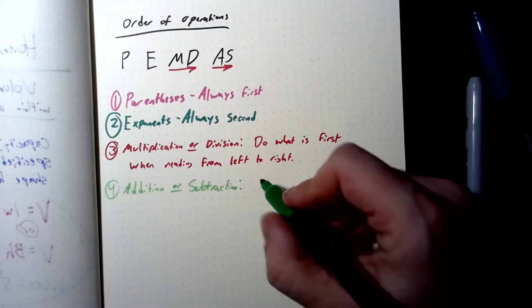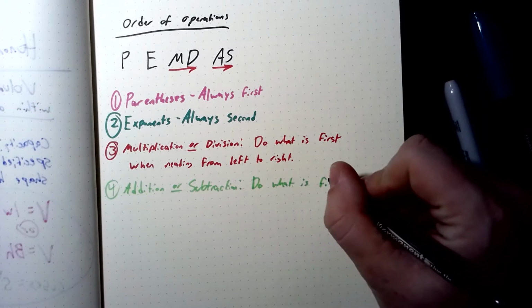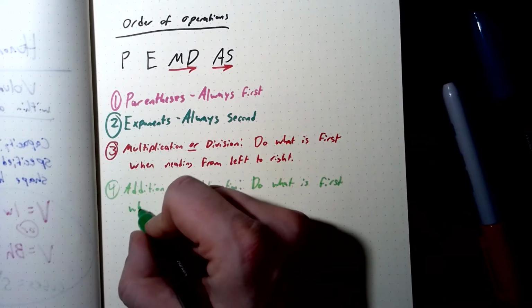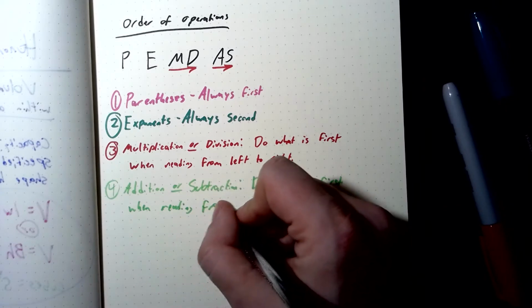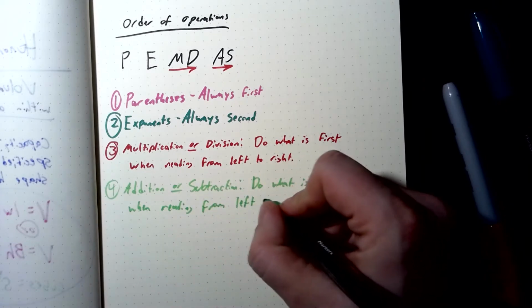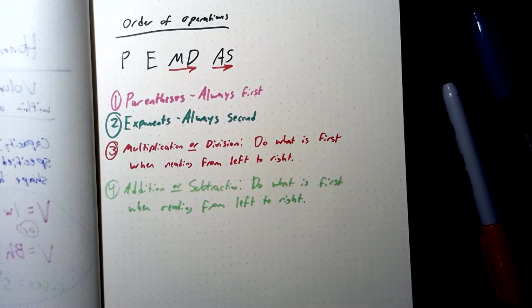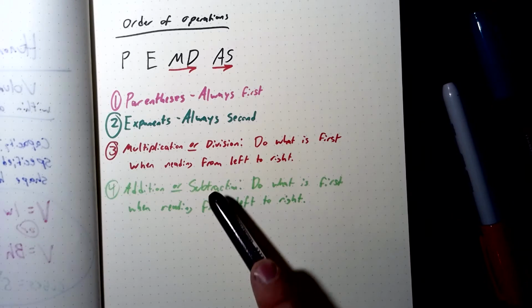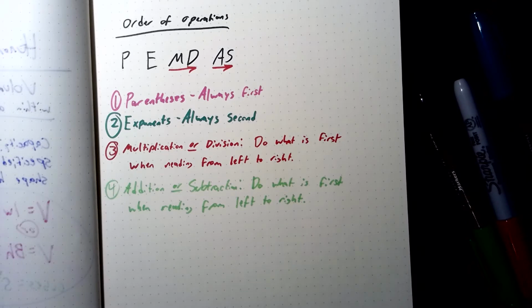And once again, you will do what is first when reading from left to right. You do not automatically do addition before subtraction. You may, in some circumstances, do subtraction before your addition in a given math problem. For order of operations.